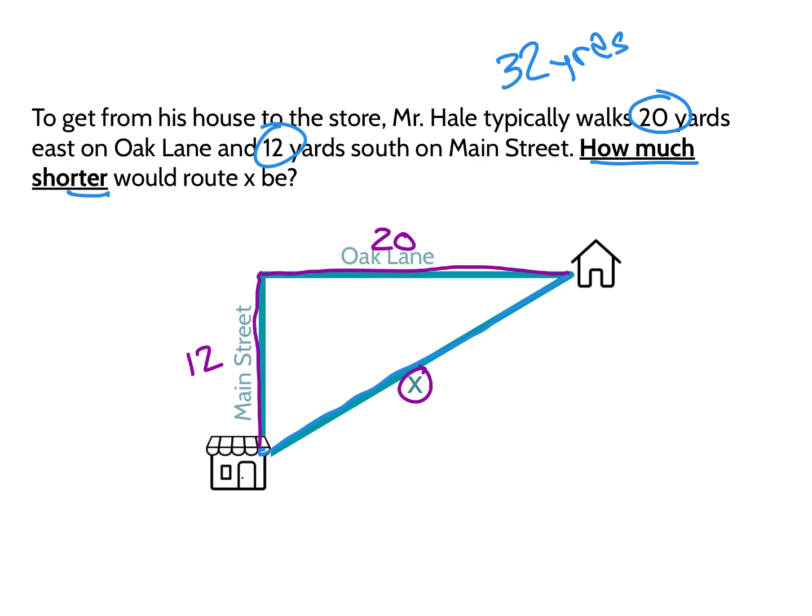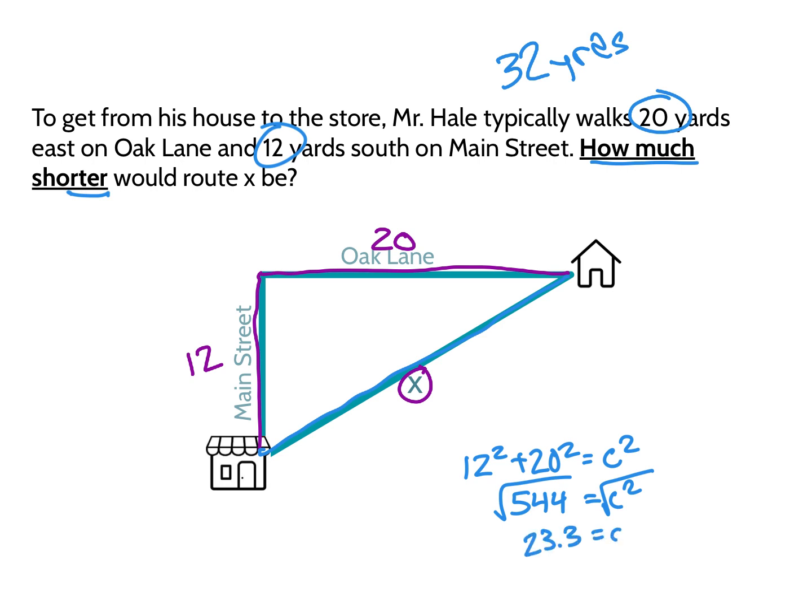This is our hypotenuse. We're going to take 12 squared plus 20 squared to get our x squared, or our c squared. If I take 12 squared plus 20 squared, I get 544. That equals c squared. I'm going to take the square root of both. The square root of 544 is about 23.3.